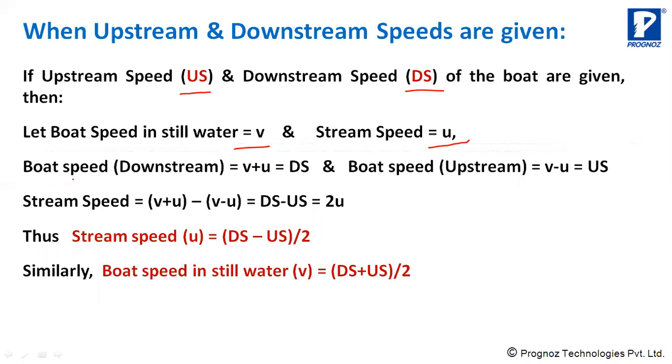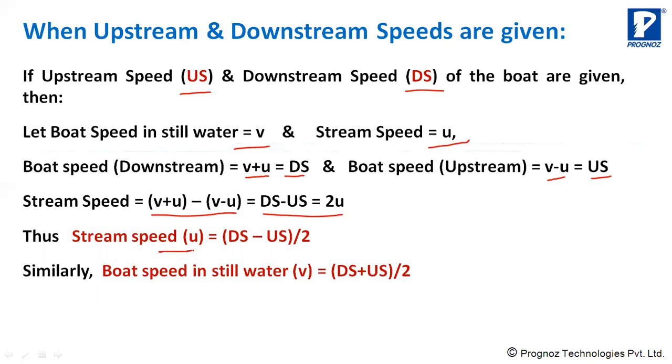Boat speed downstream is equal to v plus u, which is equal to ds, as we have seen earlier, and boat speed upstream is equal to v minus u, which we designate as us. So subtracting, v plus u minus v minus u, finally it will come like this: ds minus us, which is downstream speed minus upstream speed, is equal to 2u.